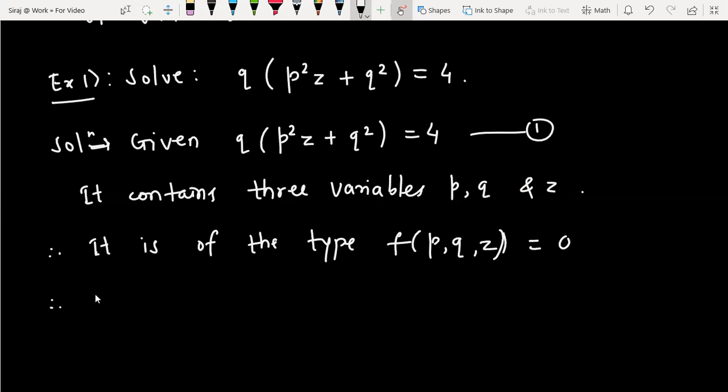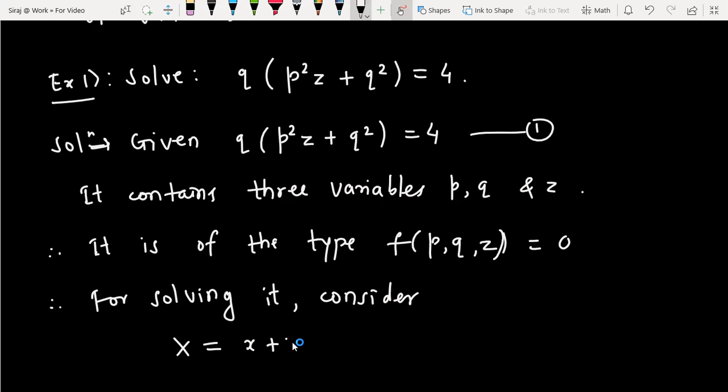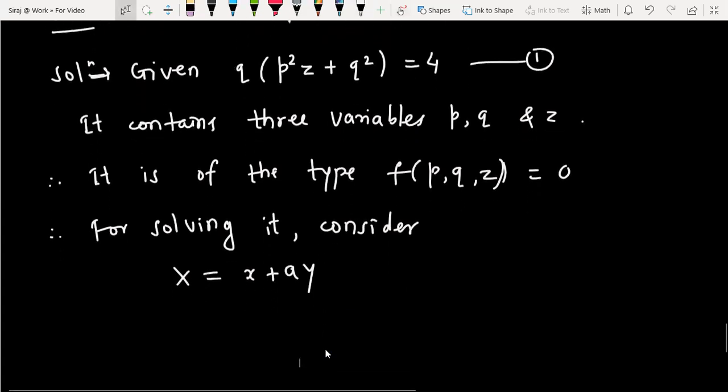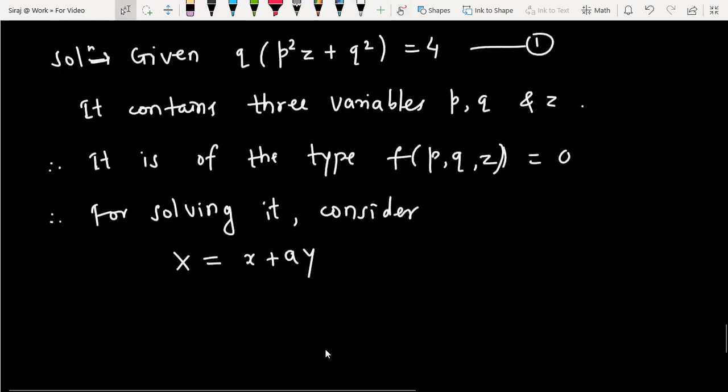And after identifying the nature of the given equation, therefore, for solving this equation, we have to consider capital X equal to small x plus ay. For solving this equation, we have to consider capital X equal to small x plus ay. Now, as we are changing variables, we have to change derivatives also.